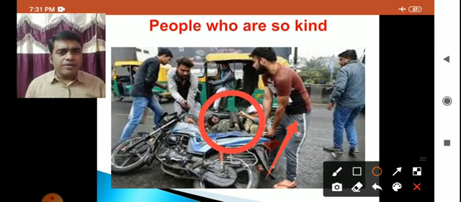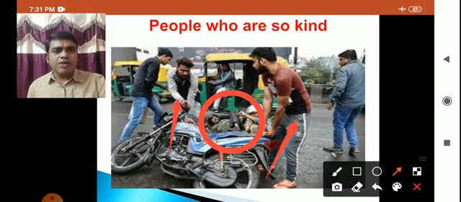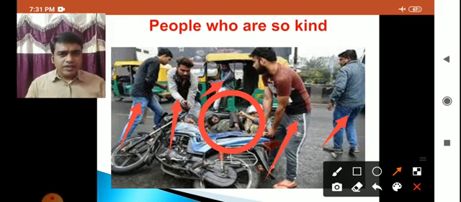Why are they helping? Are they relatives? No, they are not their relatives. See, this man and this man are helping them. But look at this man, he is not showing any concern. But the auto driver is waiting to take those people to the hospital. Got it?